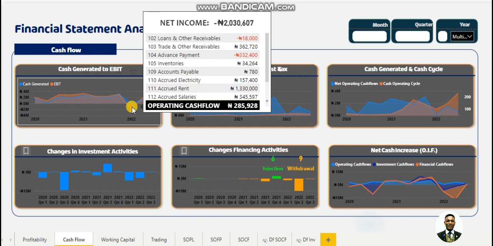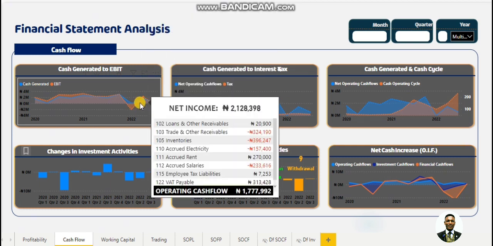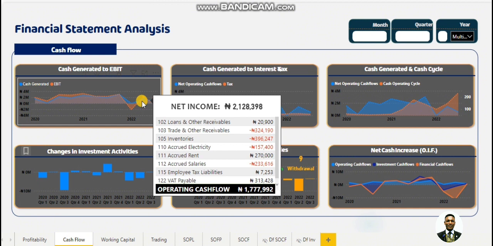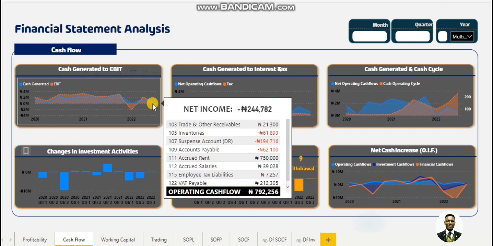But in terms of cash flow, there was still some cash left from activities in that period. So the losses recorded were largely losses resulting from accrued expenses. And then we see the status quo continued when it recovered from that loss. This time too, it experienced a loss of minus 244, but had a cash flow of 792.